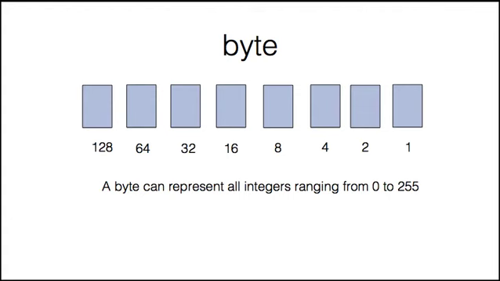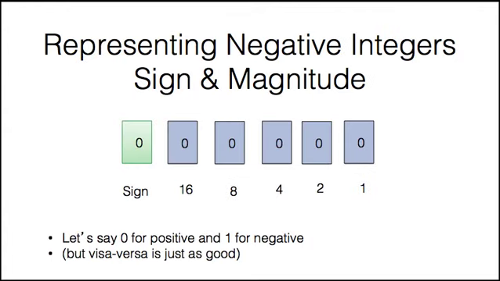I'm talking now not about decimal numbers, not about real numbers. I'm just saying, here we can go from 0 to 255. How would we do it if we needed to represent minus 10 or minus 19? What might we do? Well, one thing we could do is use one of the bits for the sign. So we could have one bit at the start.